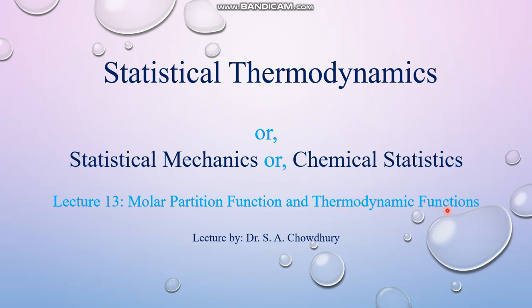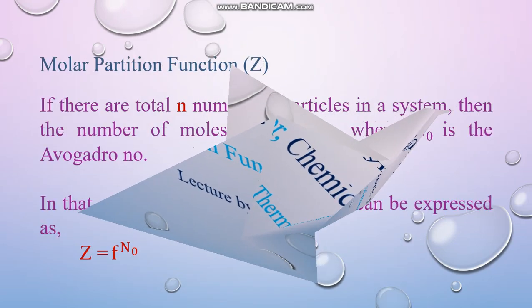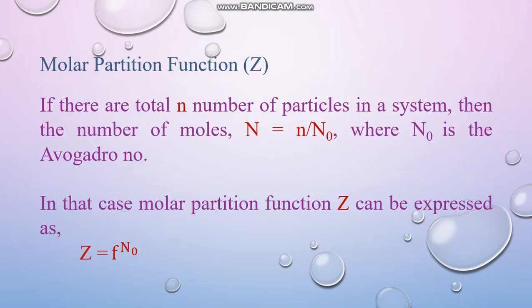So this is the topic of our today's discussion, the molar partition function, which is denoted as capital Z. If there are total n number of particles in a system, then the number of moles equals n by n0. Definitely n by n0 is the number of moles.